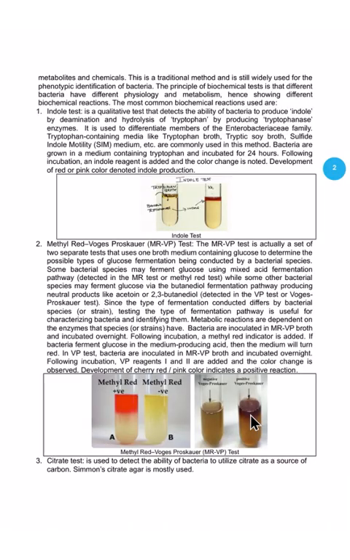That means the bacteria ferment glucose through the butanediol pathway. So the MRVP test differentiates between the bacteria that ferment glucose by these different pathways.